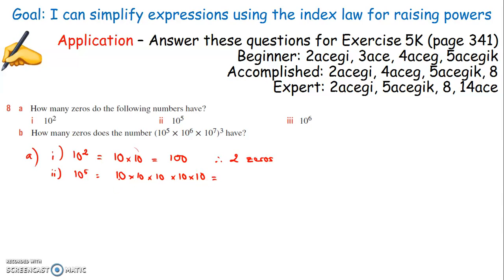So 10 times 10 is 100. 100 times 10 is 1,000. 1,000 times 10 is 10,000. 10,000 times 10 is 100,000. So how many zeros? 5 zeros.